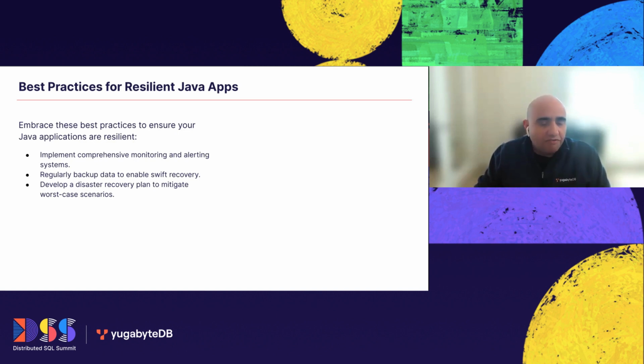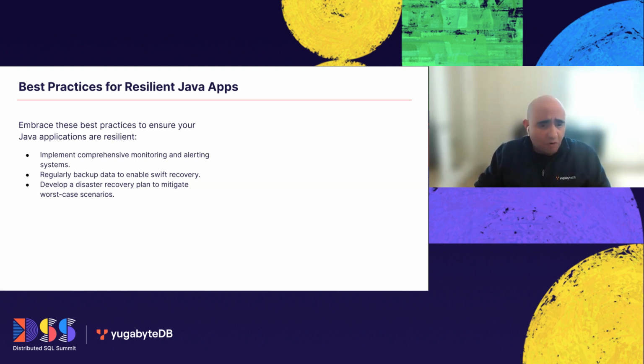Then number three, develop a disaster recovery plan. Sometimes the seas can get incredibly stormy. That's where a disaster recovery plan comes into play. It's like having a well thought out evacuation plan in case of a storm. It helps you navigate the worst case scenarios, ensuring minimal disruption to your services and keeping your ship afloat.